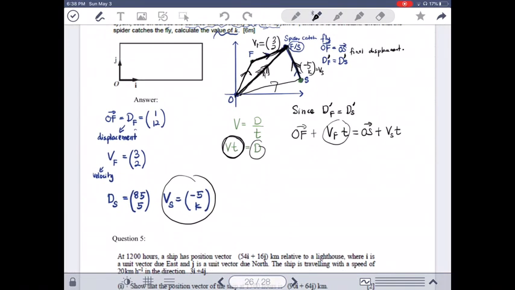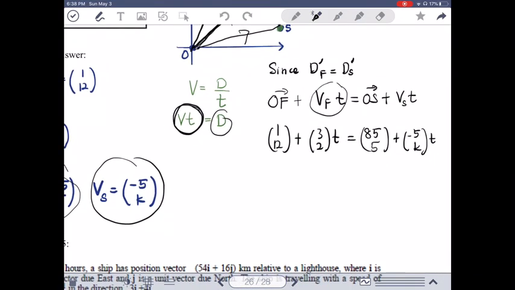So in a sense we have OF. What is OF? It's just 1, 12, plus VF, which is 3, 2, times time, equals OS, the initial displacement of the spider, which is 85, 5, plus VS, which is negative 5, k, times time, right? So all of these are vectors.